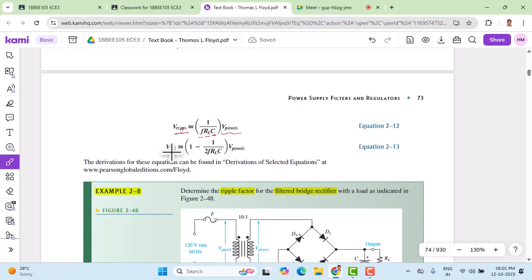And the DC voltage can be calculated as 1 minus 1 by 2 times F RL C, times VP rect, the unfiltered rectified voltage. Knowing these two values, we can calculate the AC component, the ripple voltage, and the DC value, and that helps me to calculate the ripple factor, which is nothing but the ratio of VR peak to peak by VDC.